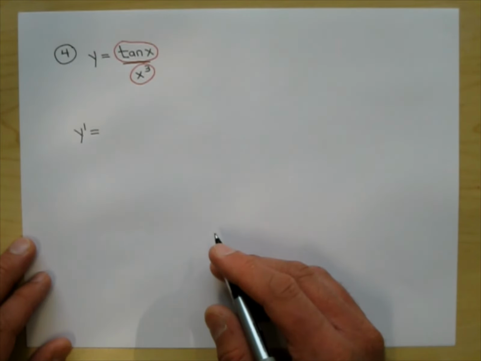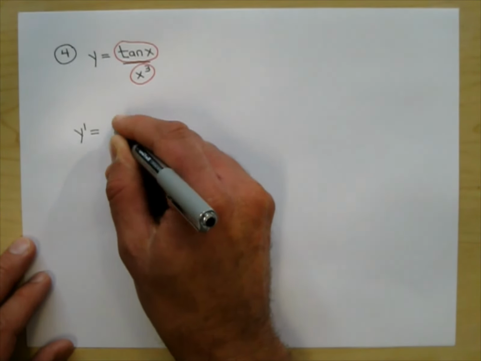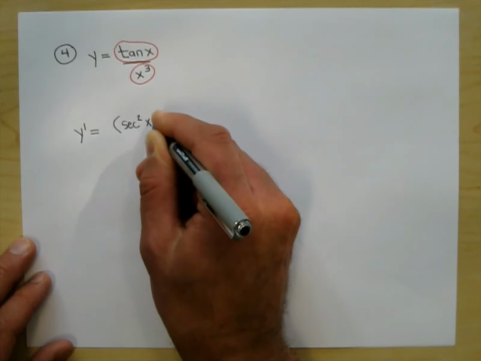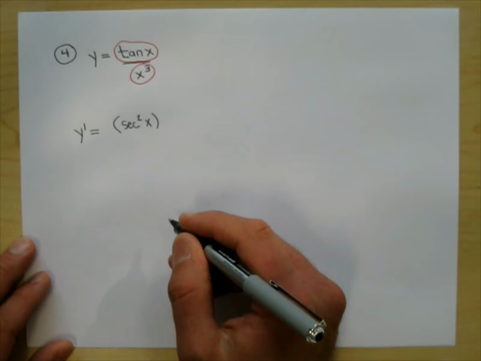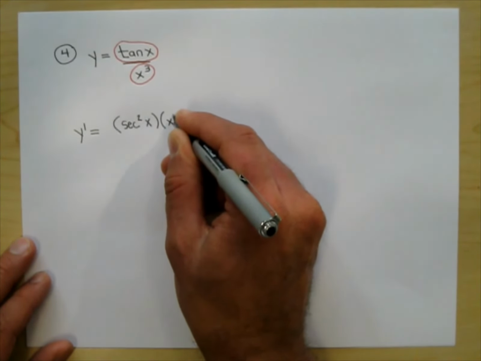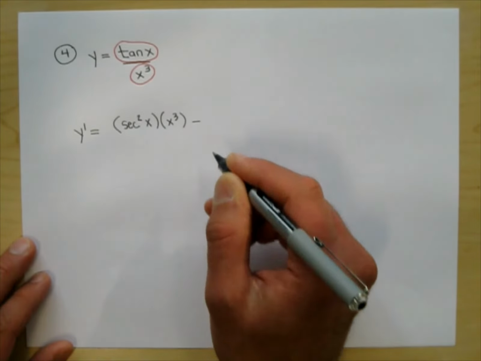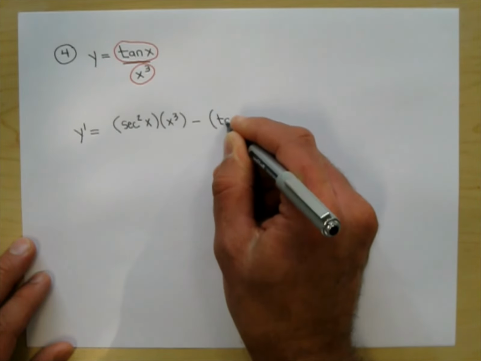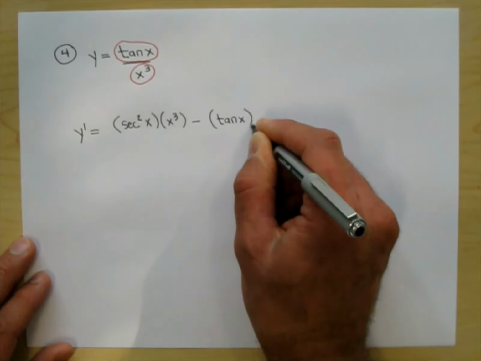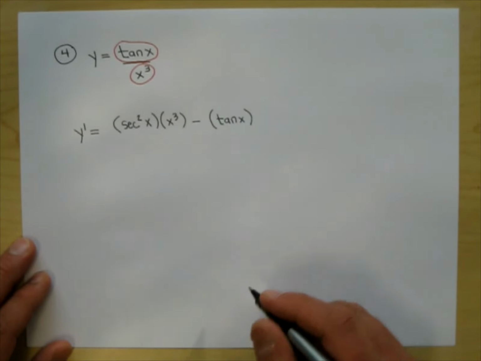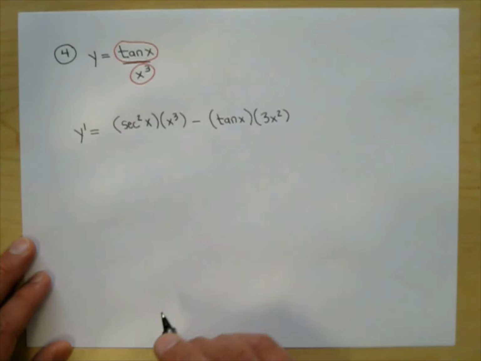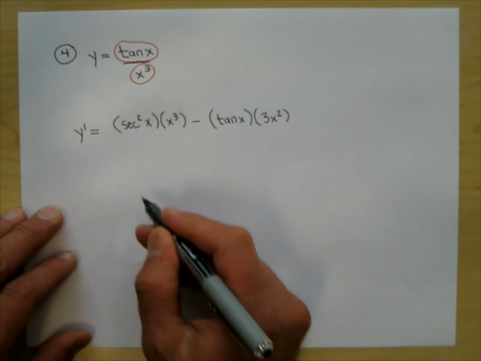The quotient rule says the derivative of the top, which is secant squared, times the bottom, x cubed, minus the top, tangent x, times the derivative of the bottom. The derivative of the bottom is 3x squared. This is all over the bottom squared.